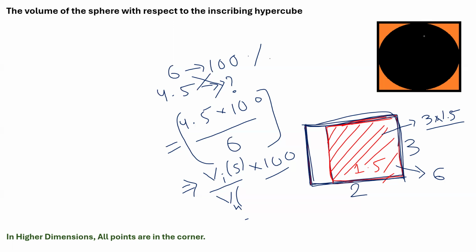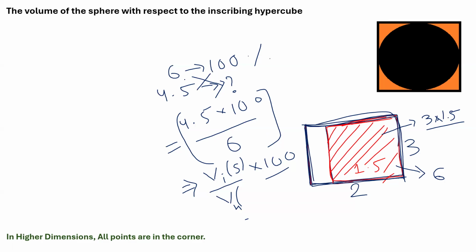For that, it is just volume of sphere by volume of hypercube. The radius of the sphere is nothing but half of the length of the hypercube. Let's take both of them as hypercubes where the radius is 1 and the length of the square is equal to 2. Let's do that calculation that way.